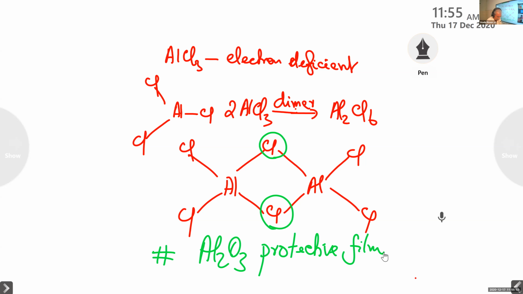So it is prevented from corrosion due to the formation of the aluminum oxide film, although aluminum is a reactive metal. So this much is enough for group 13.